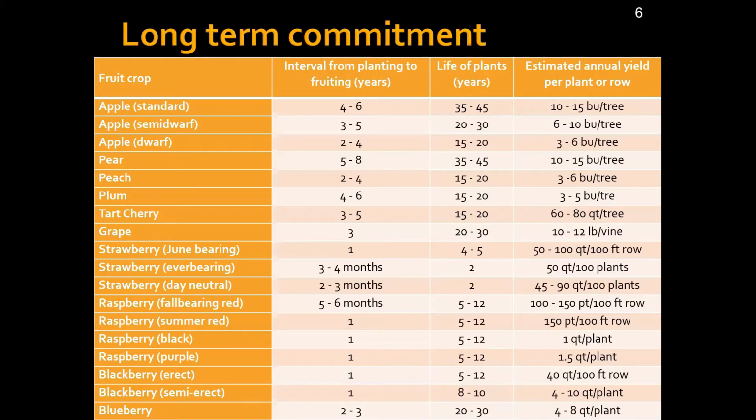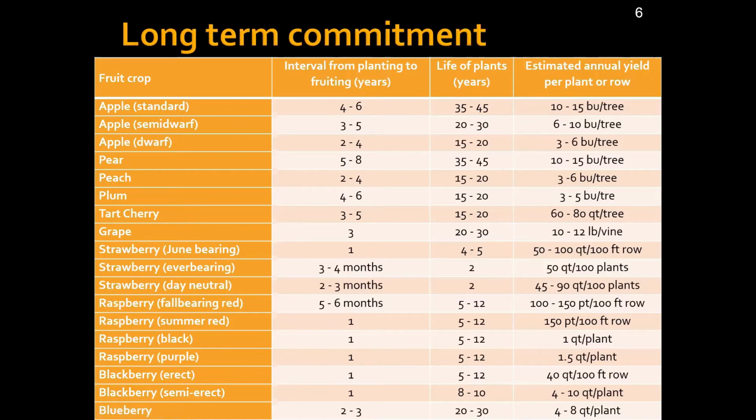The other thing that we want you to think about with fruit crops is that this is a long-term commitment. And this is a table. I know this looks like a lot of data, but I just want you to focus on the second column here, how long it takes from the time that you plant the tree to harvest, in years. We want to be clear with you that this is a long-term commitment.